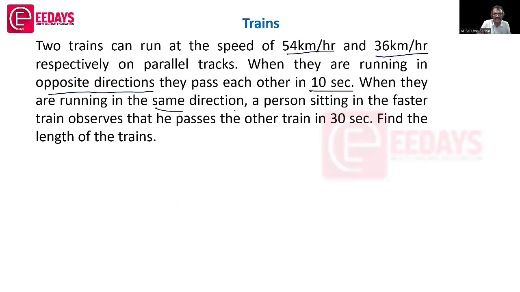When they are running in the same direction, a person sitting in the faster train observes that he passes the other train in 30 seconds. Find the length of the trains. Okay.